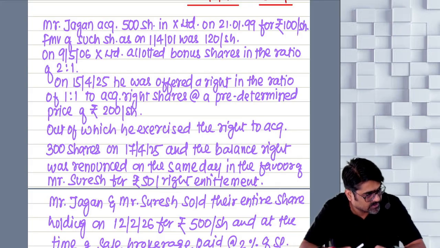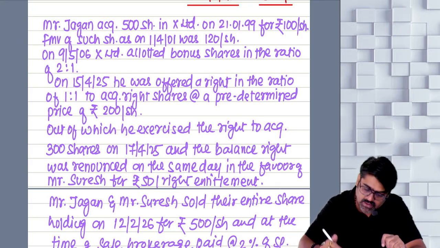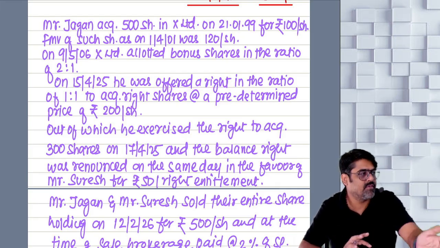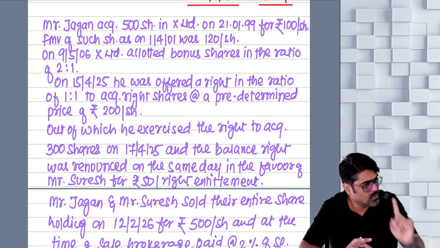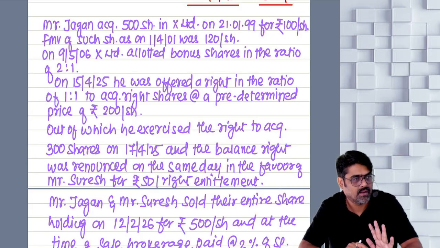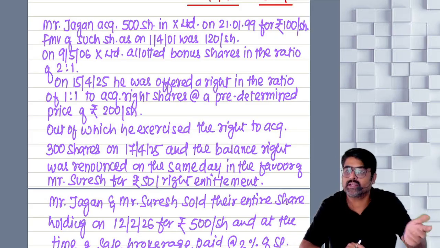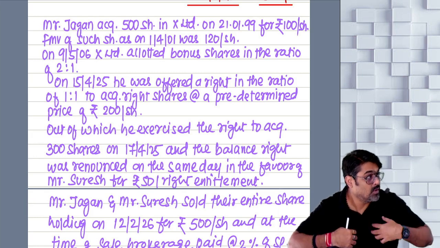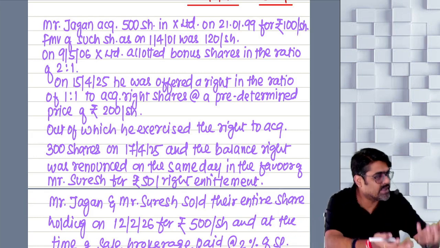meaning this year, the company gave you a right that if you want, within these many days, you can buy the right shares from the company. You are given the right because you are the shareholder.